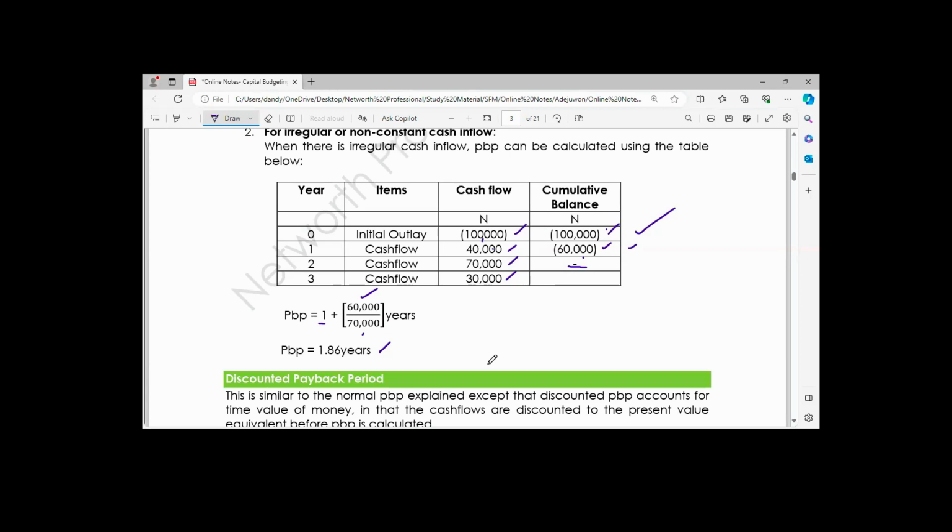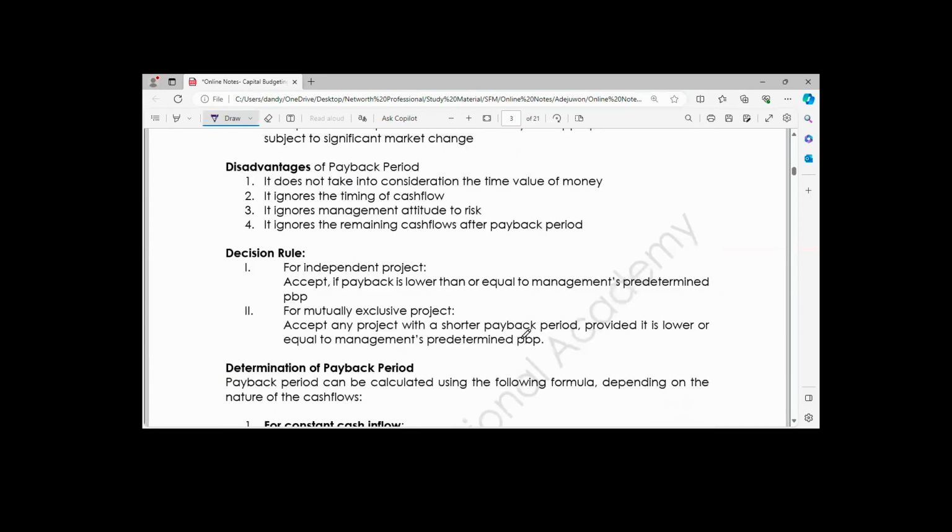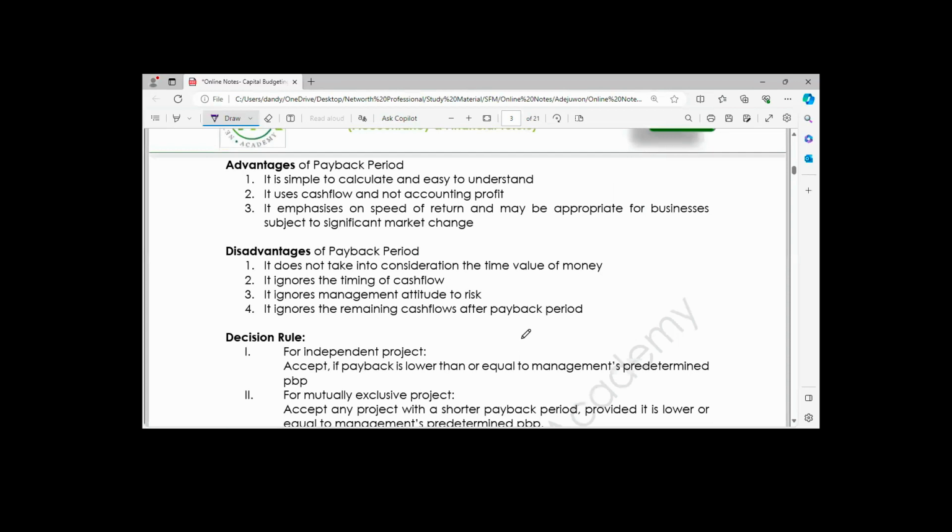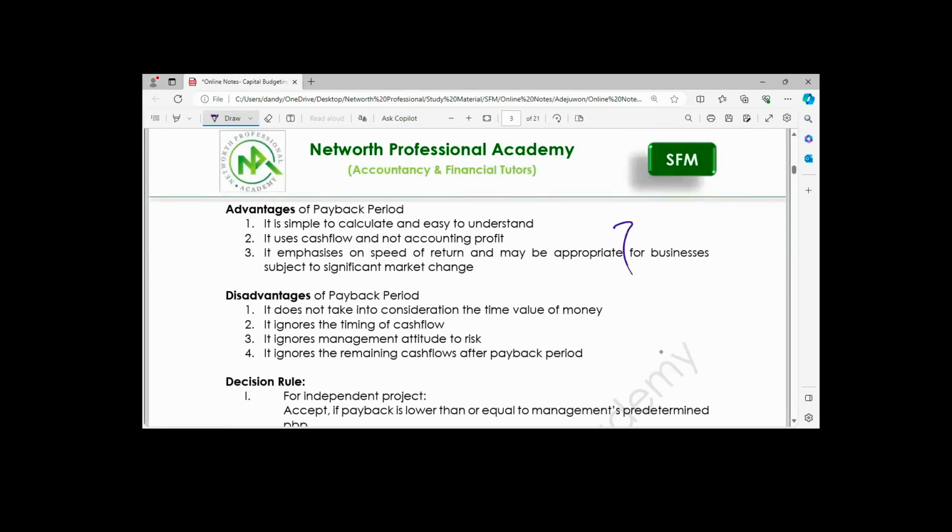So these are the decision rules under payback period. Okay. So, of course, you can just go ahead and read about the advantages and disadvantages of a payback period for knowledge sake. You never can tell though, but again, at this level, I don't see your examiner asking you to be stating advantages and disadvantages of a payback period.